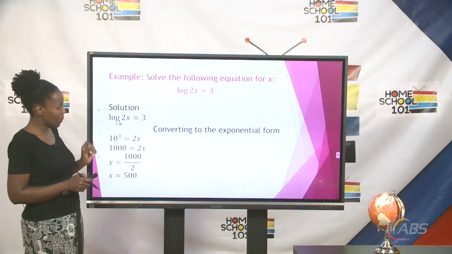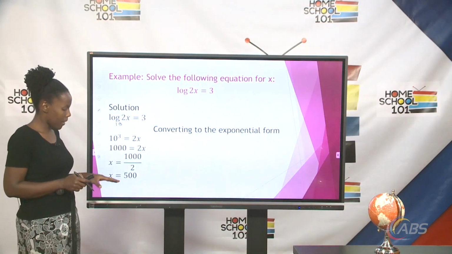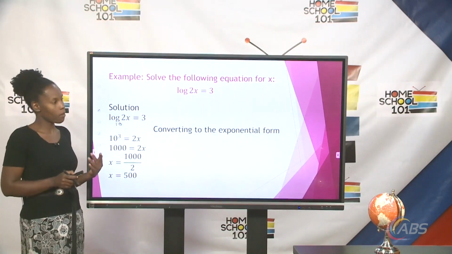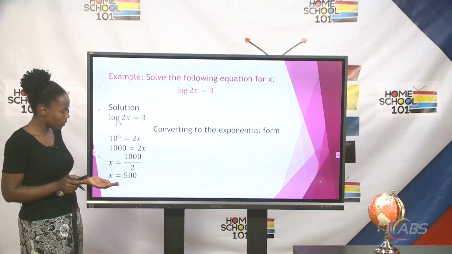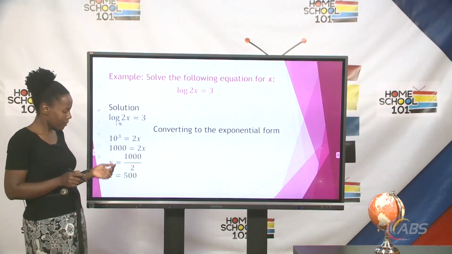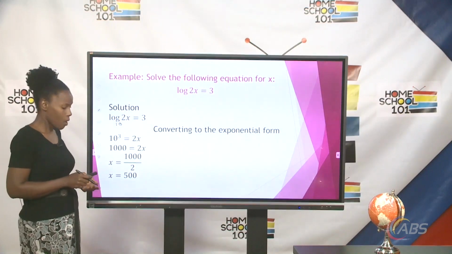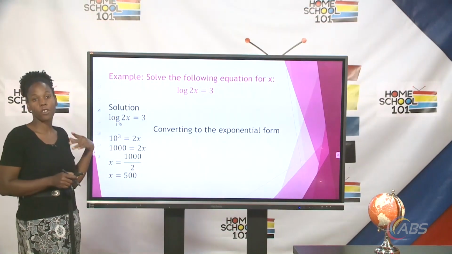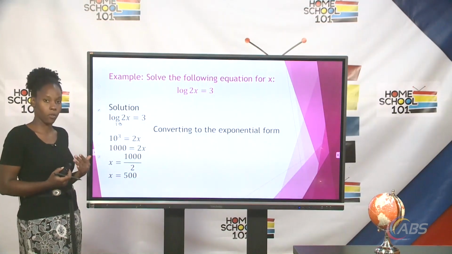A key thing to note: whenever you're given logarithmic questions, it is always good to test that they're actual solutions. Once you get the value of x, you simply substitute back in the equation to double check that it is actually a solution.